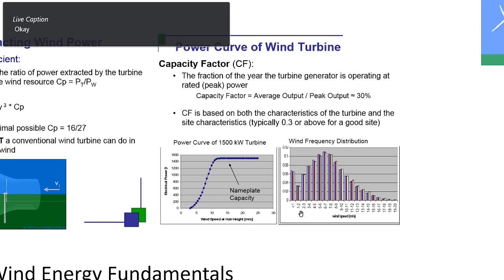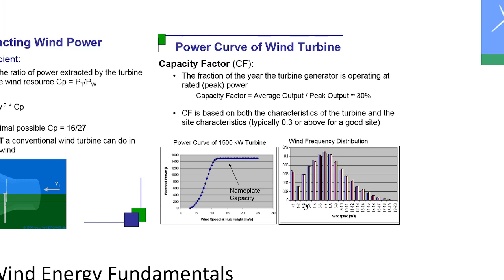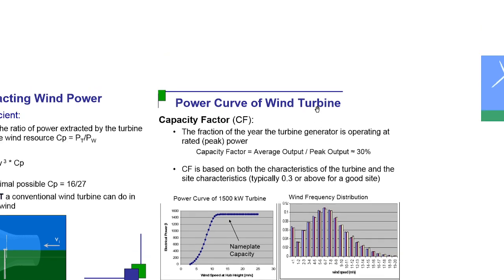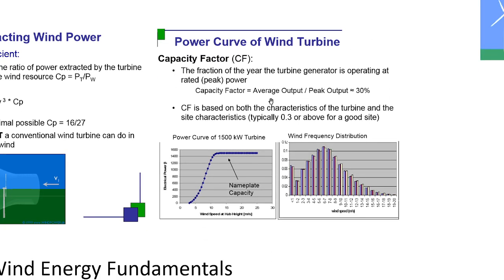For each wind speed bin, this is what I told you: wind speed bin 1 to 2 meters per second, 2 to 3 meters per second. For each wind speed bin, how many hours the wind turbine was working in that particular year, at that particular site, will be reflected in the power generated. So the numerator is actual generation for the entire year.